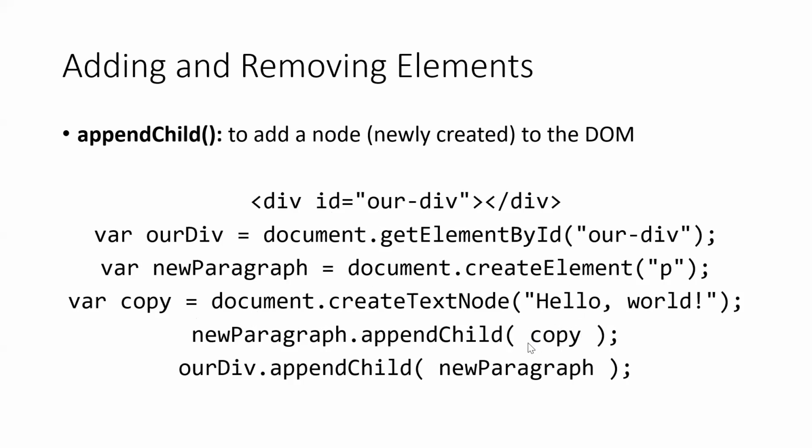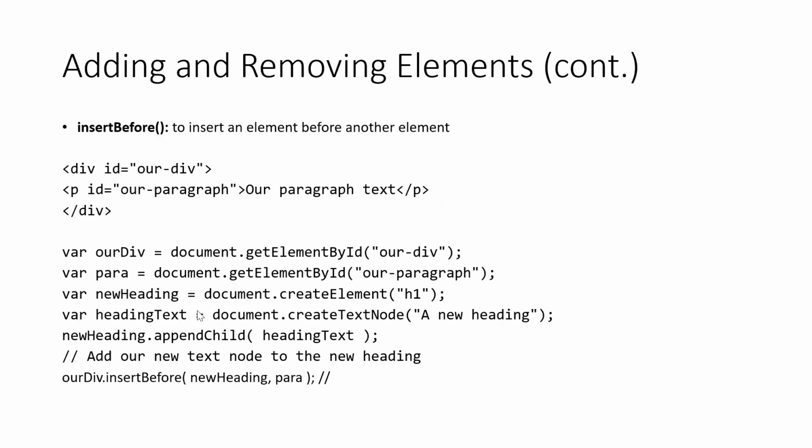So that is the text that we are going to add to the paragraph. And then the paragraph is going to be added to the div. So this is appendChild to the div. So in that one, you will see how you may use this.